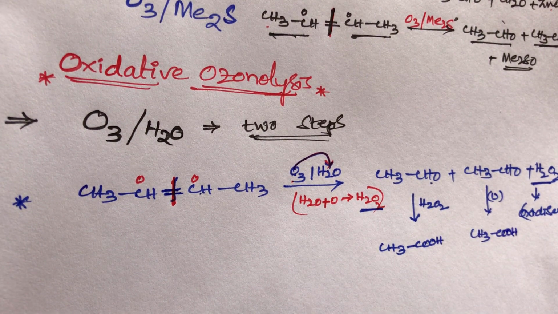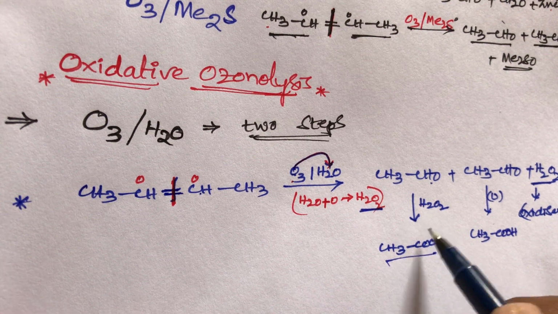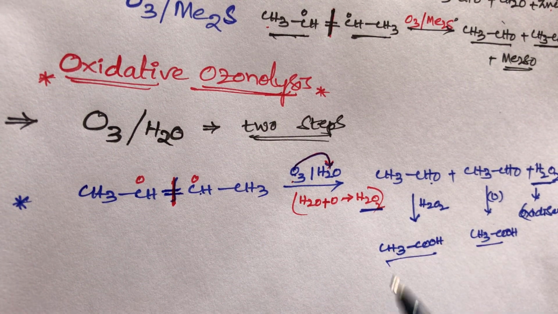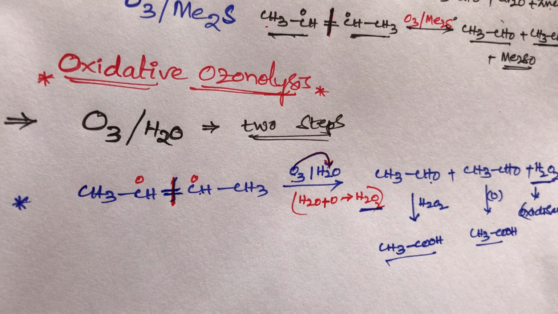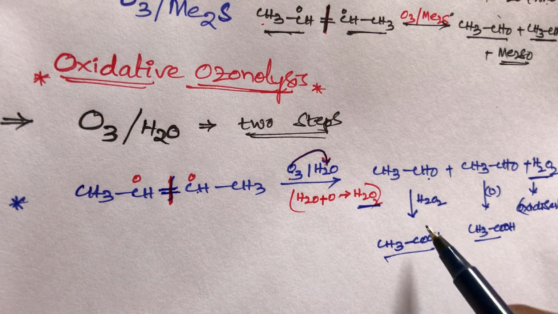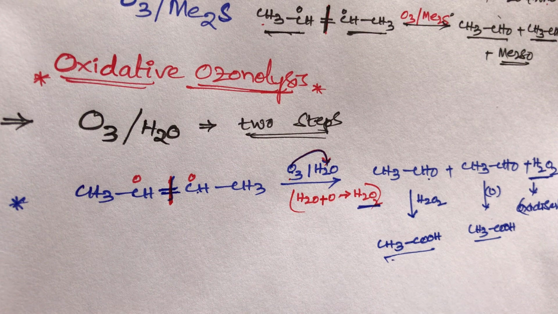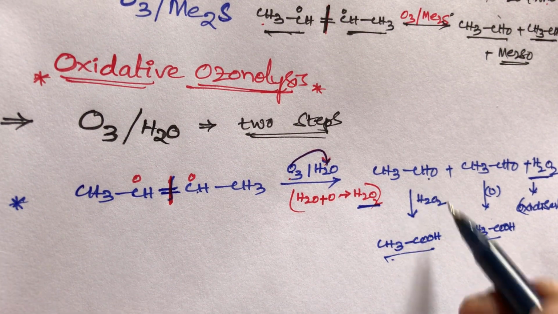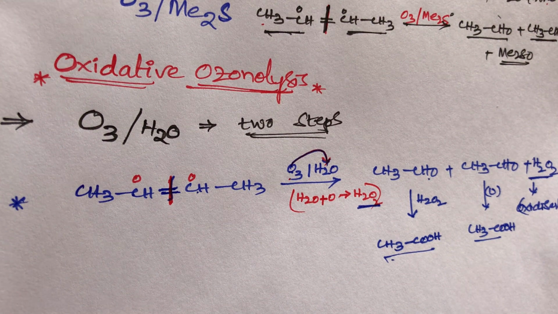So aldehydes become acids, because hydrogen peroxide acts as a mild oxidizing agent. Simply remember, student, aldehydes become acids. This is the simple trick.